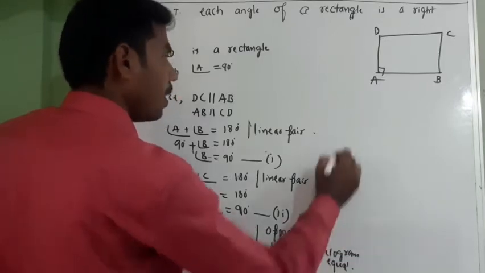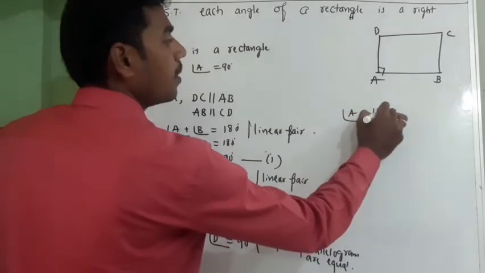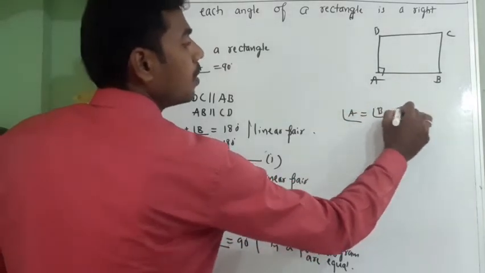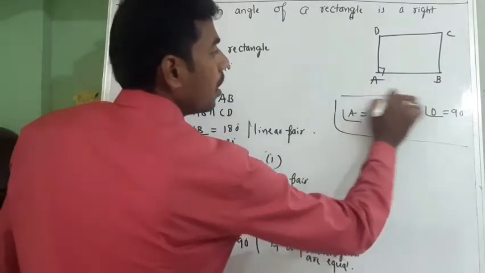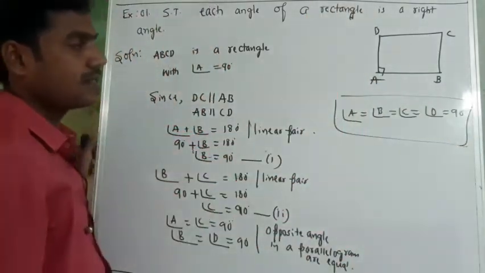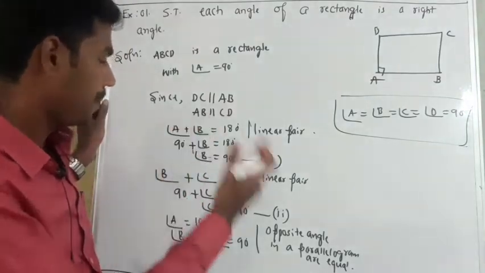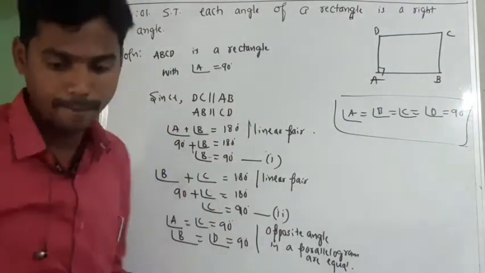Therefore angle A is equal to angle B is equal to angle C is equal to angle D is equal to 90 degrees. We showed all the angles of our rectangle are equal to 90 degrees. So please note this down.